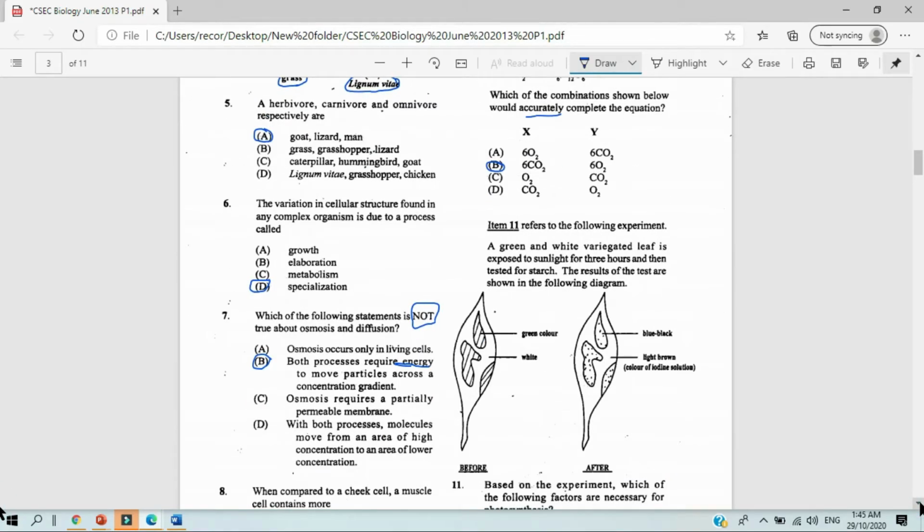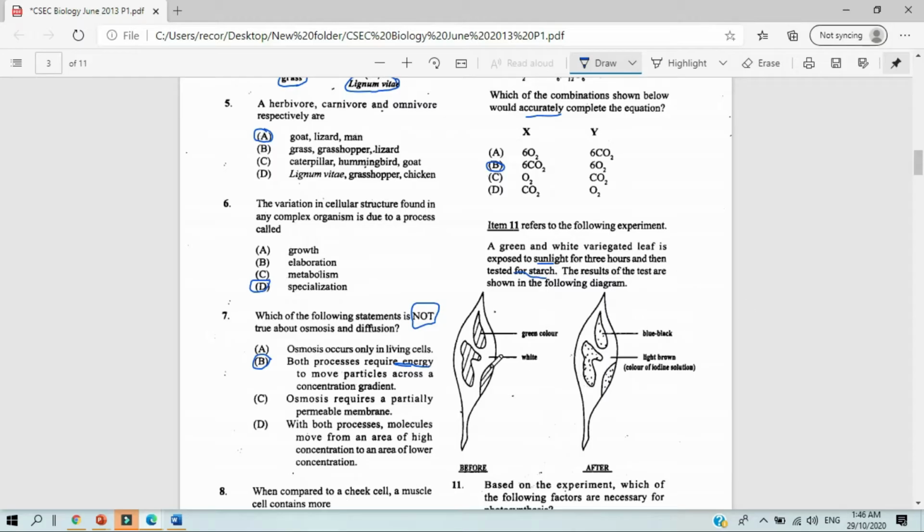Now, item 11 refers to the following experiment. A green and white variegated leaf is exposed to sunlight. Look at that, sunlight, exposed to sunlight for 3 hours, and then tested for starch. So we're testing for starch. The results of the test are shown in the following diagram.